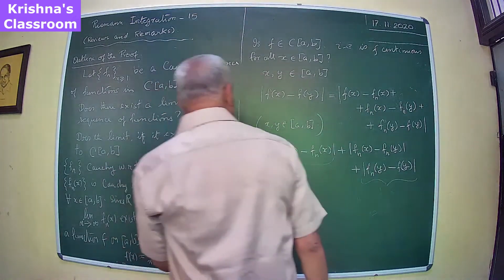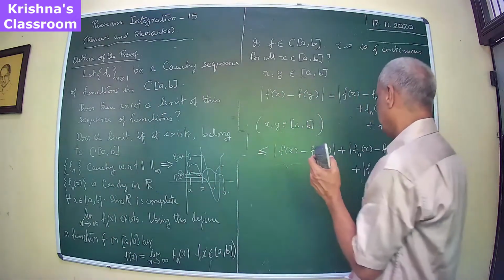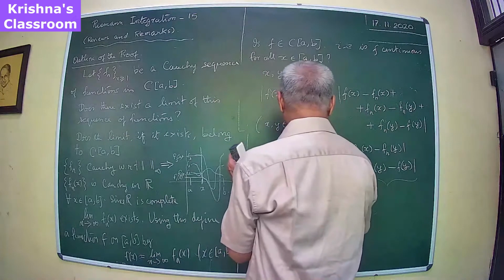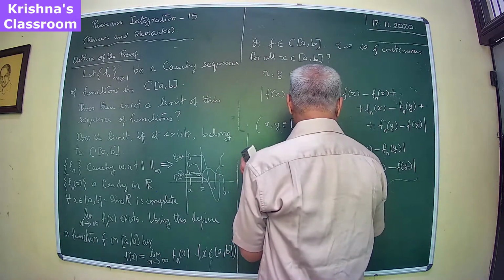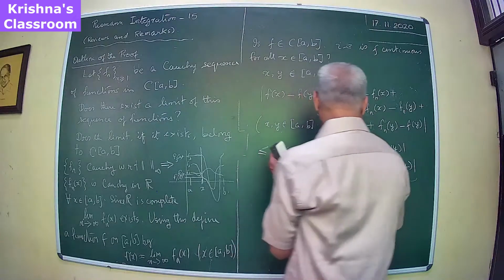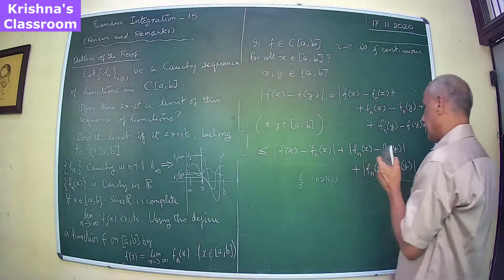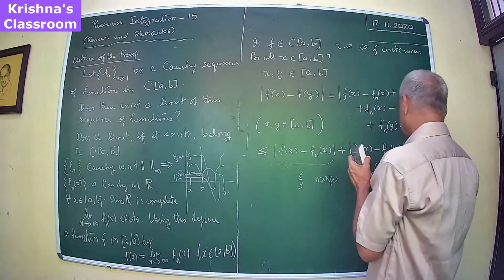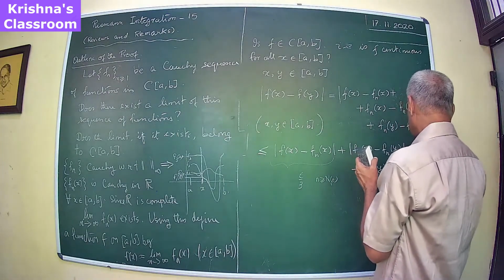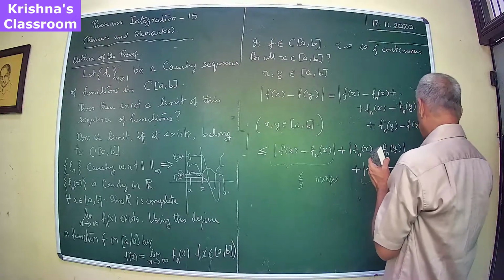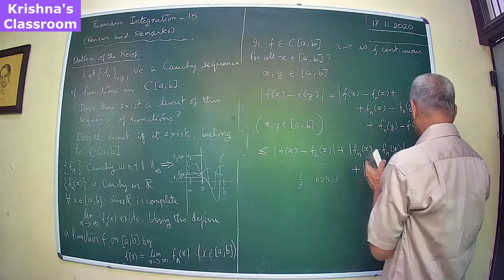Okay, so given epsilon, you can make this less than epsilon by 3 by choosing n greater than or equal to some n1. And here this can be made less than epsilon by 3 for some n greater than or equal to n2.